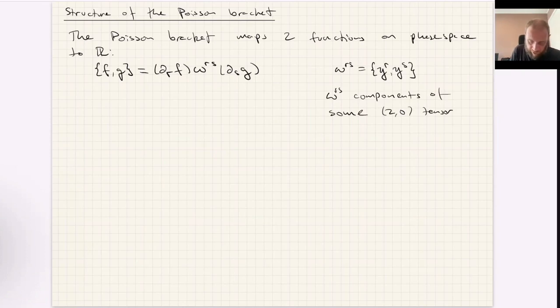I'm going to call that tensor capital omega of df, dg, right? This is defined as the tensor which has these components.